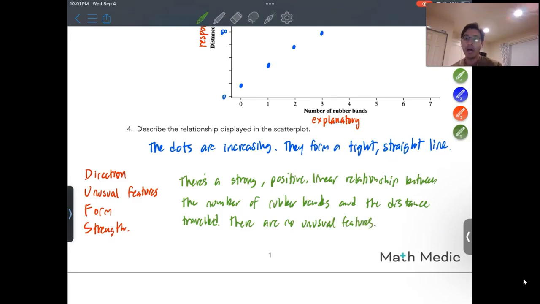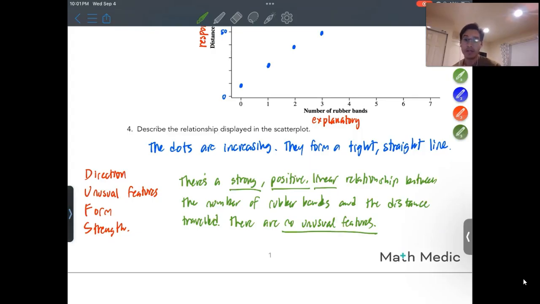All right, so let me underline the key components of this response. So I mentioned that the relationship is strong, so that's the strength. I mentioned that it's positive, that's the direction. I mentioned that it was linear, that's the form. And then we said that there's no unusual features, there's no points that kind of fall out of the pattern, there's no huge gaps or clusters or anything like that.